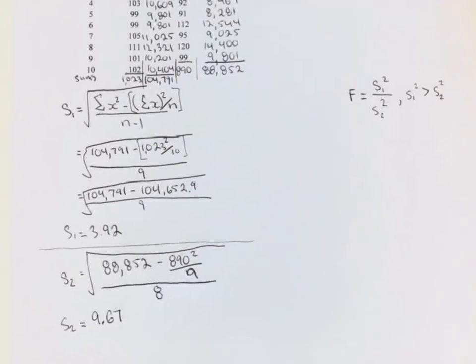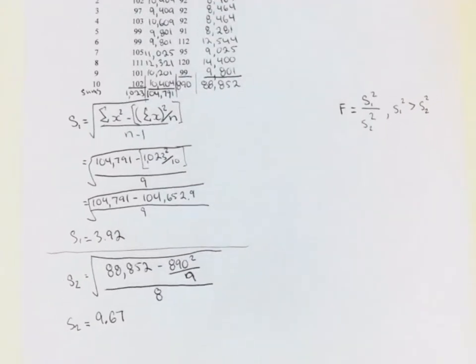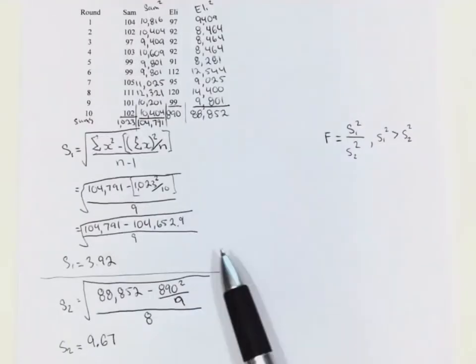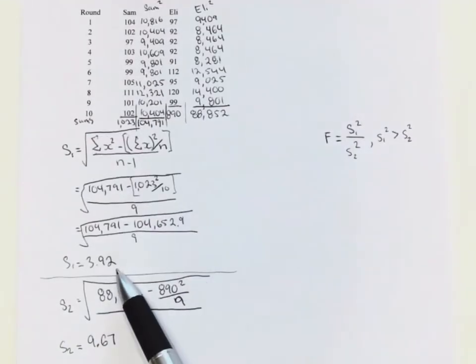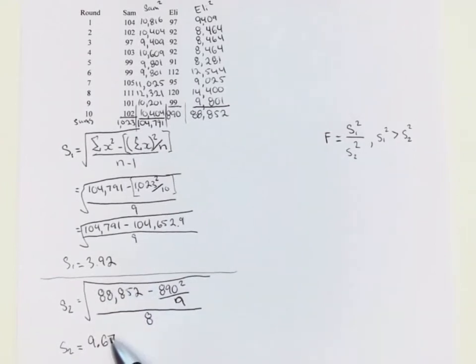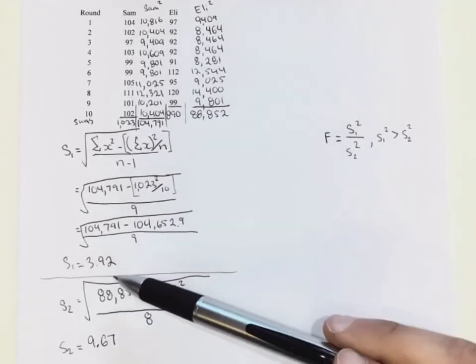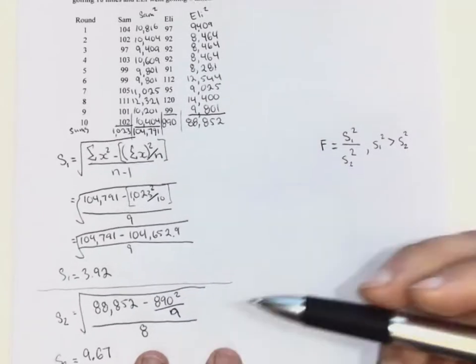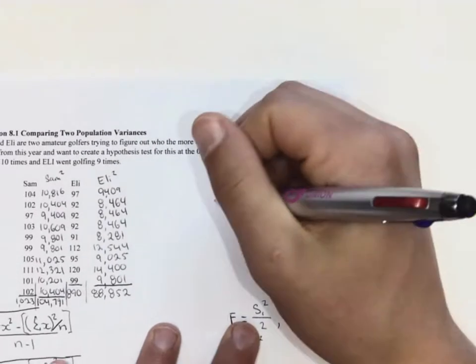A lot of you may say, well, it's very clear now that Sam is the more consistent golfer. Sam has a standard deviation of 3.92. Eli has a standard deviation of 9.67. That could mean on any given day, there is a 68% chance, because we're using one standard deviation.